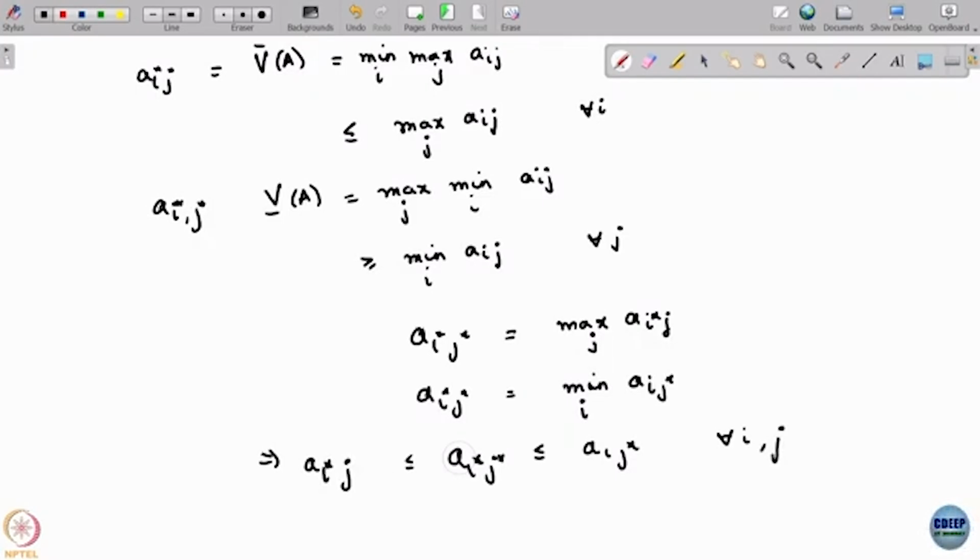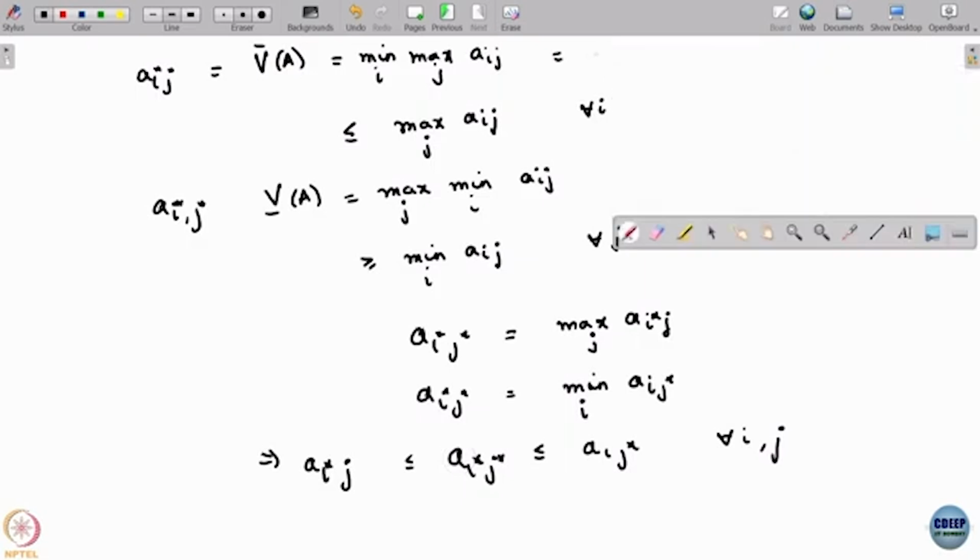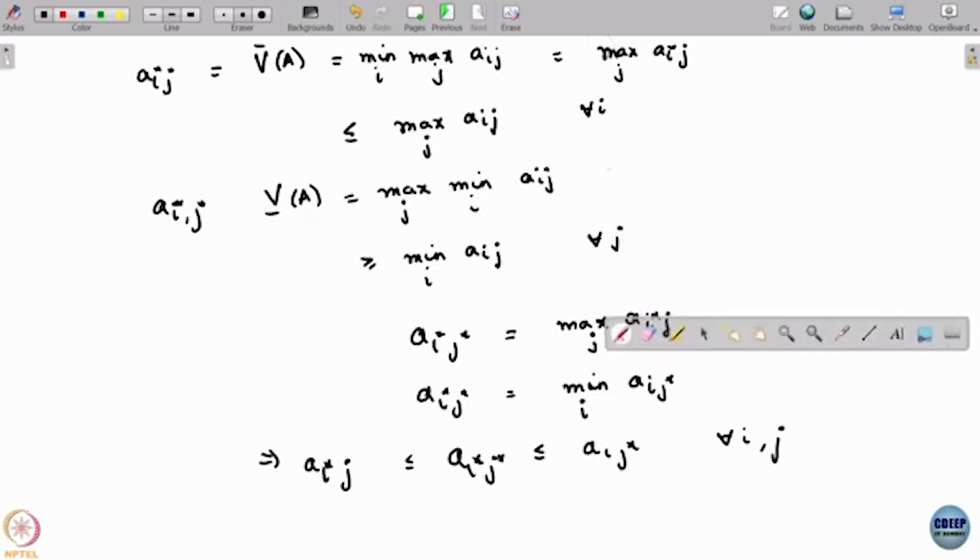So actually, I don't need this to be less than or equal to the point. I actually need just this to be out here. All I need is that this is in fact the max over j of a_{i*j}, and this is min over i of a_{ij*}.